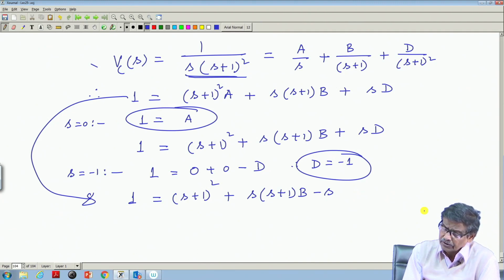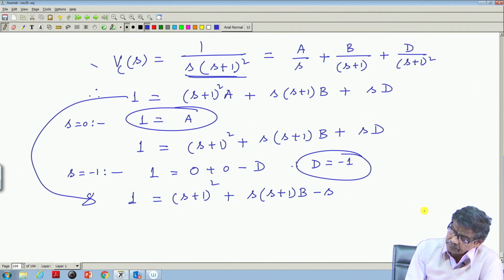So, put any value of s to get the value of B. Do not put any value such that this term disappears, s equal to 0 will not do, is it not? So, maybe s equal to plus 1 you can put.